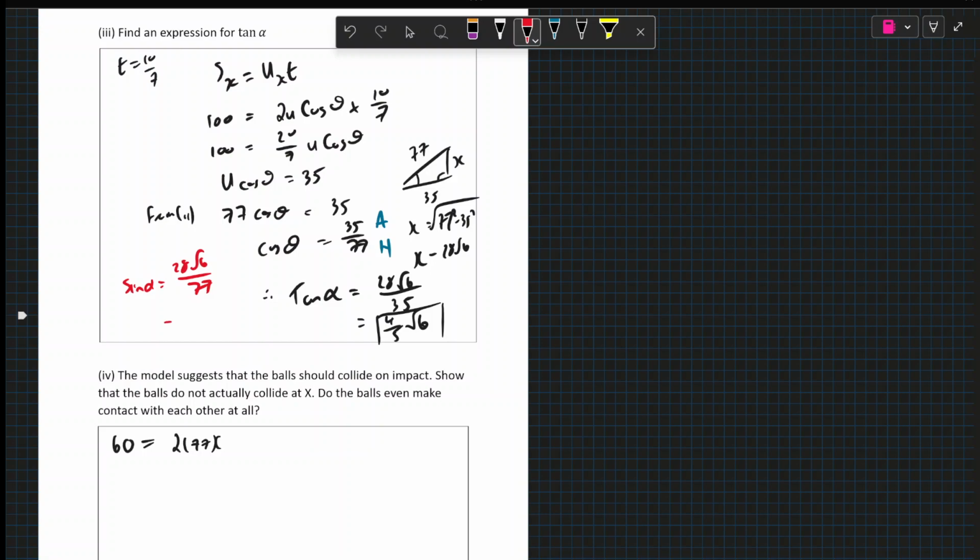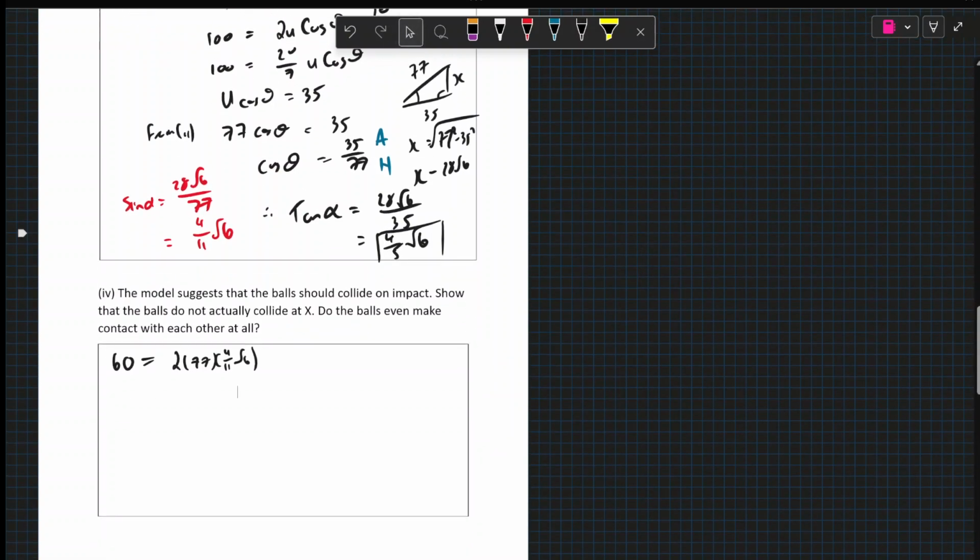So it becomes 4 over 11 square root of 6, times, well, we get 4 over 11 square root of 6. Now, already this is going to be a problem because we have a square root of 6 in here. So it's going to show that because, well, root 6 is irrational, you can't get a rational number out of here with the square root of 6, or should hopefully. Then we have minus 1 half g, which is 4.9 times 10 over 7 squared.